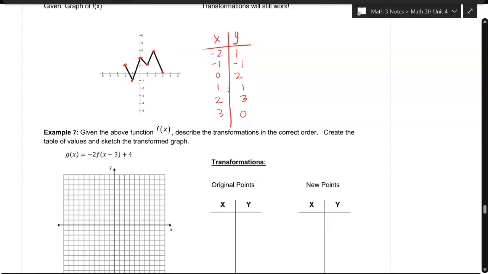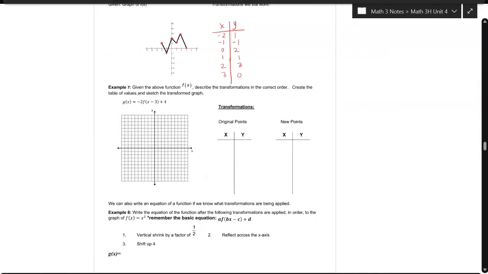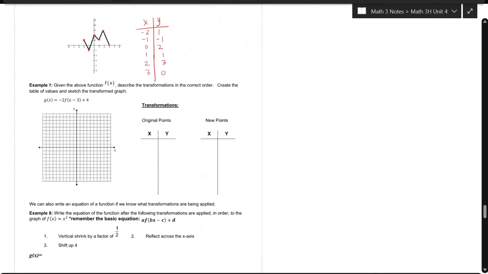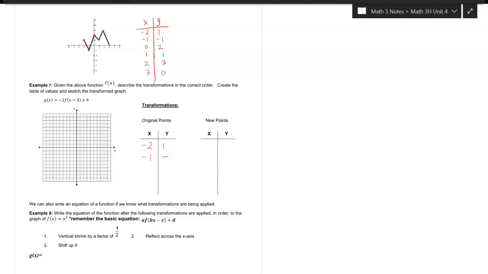And it has that listed down there too. So let's go ahead and write those in the original points column now: (-2, 1), (-1, -1), (0, 2), (1, 1), (2, 3), (3, 0).